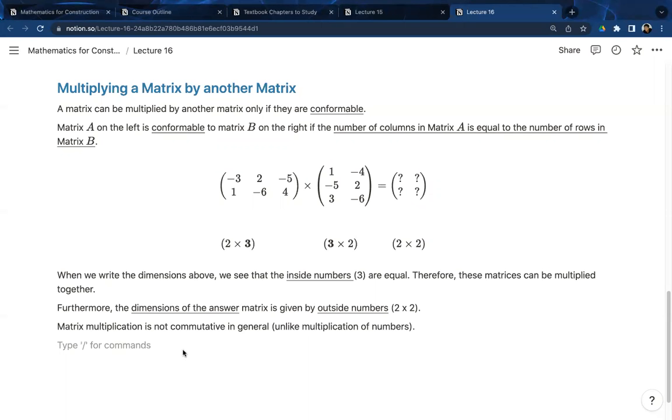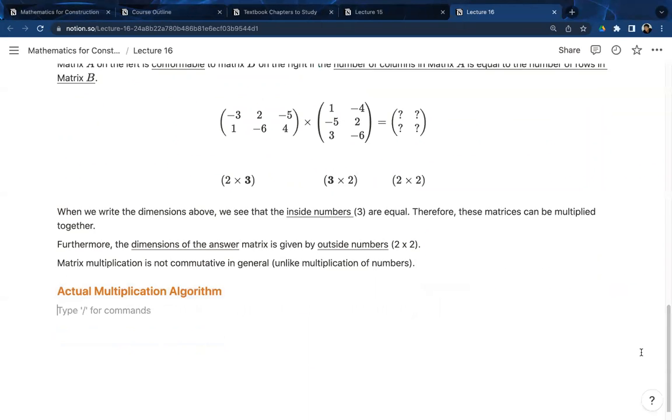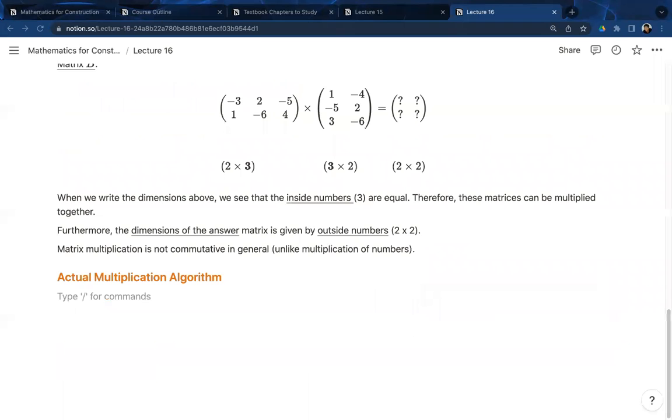So let's look at the actual matrix multiplication algorithm. So let's do a question, right?